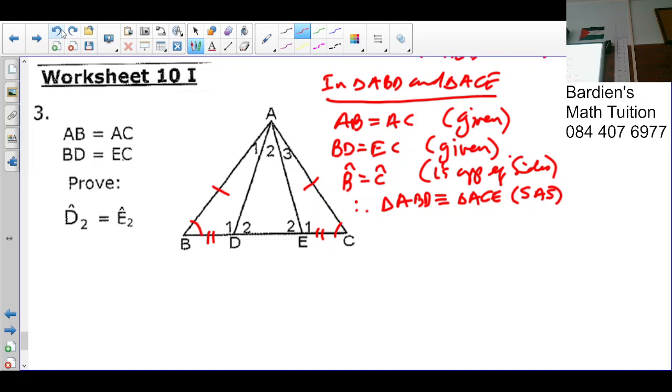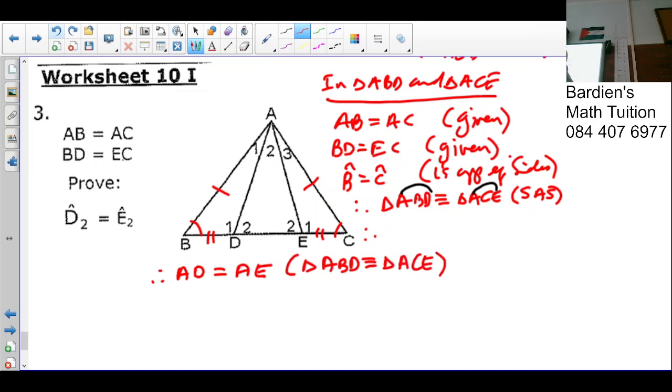So what can we conclude here? Therefore, AD is equal to AE. Why? Because triangle ABD is congruent to triangle ACE. So now these lengths are equal.